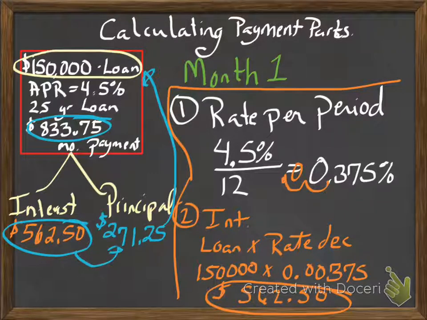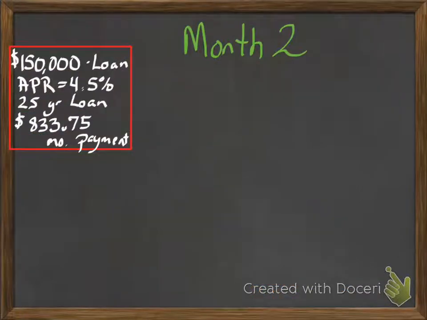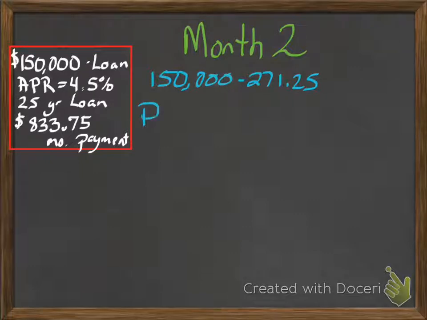So when we go into month 2, our loan is no longer $150,000. It's been reduced by $271.25.